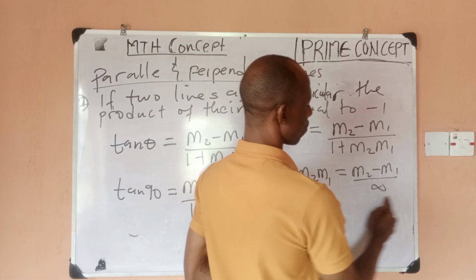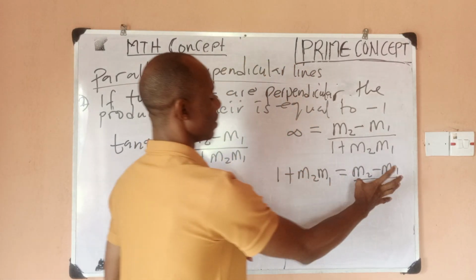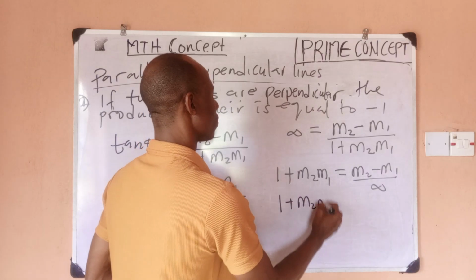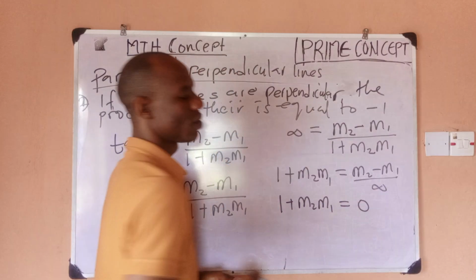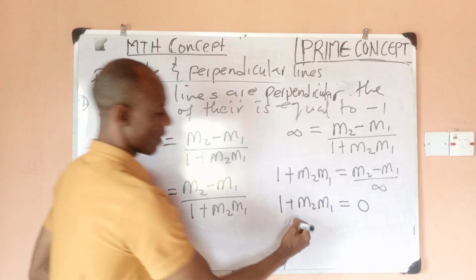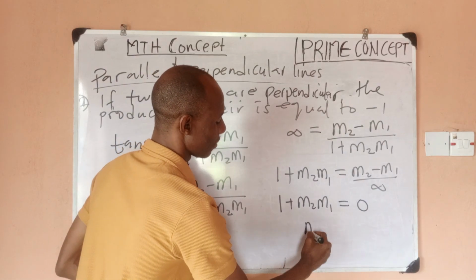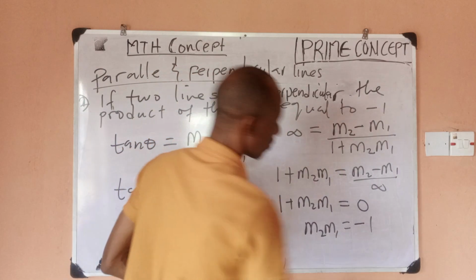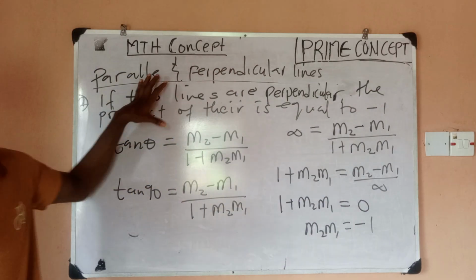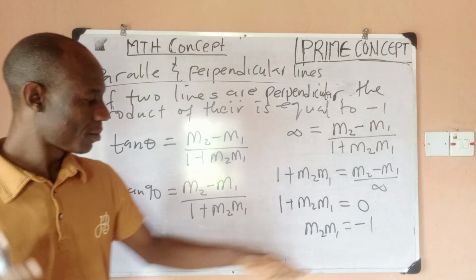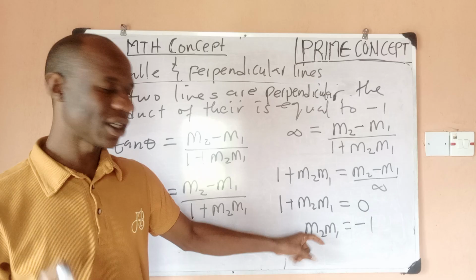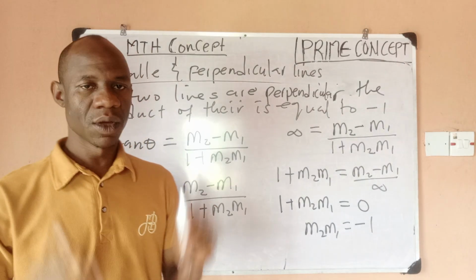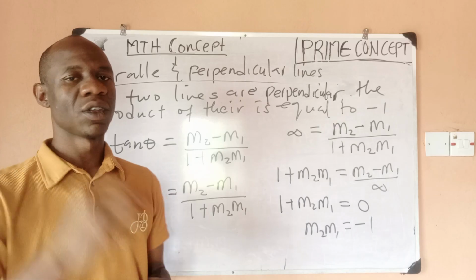So this whole quantity on the right hand side would be 0, so I have 1 plus m2 m1 equals 0. If I make this the subject, I will have m2 m1 equals -1. So just like we have explained, if two lines are perpendicular to each other, the product of their slopes is equal to -1.